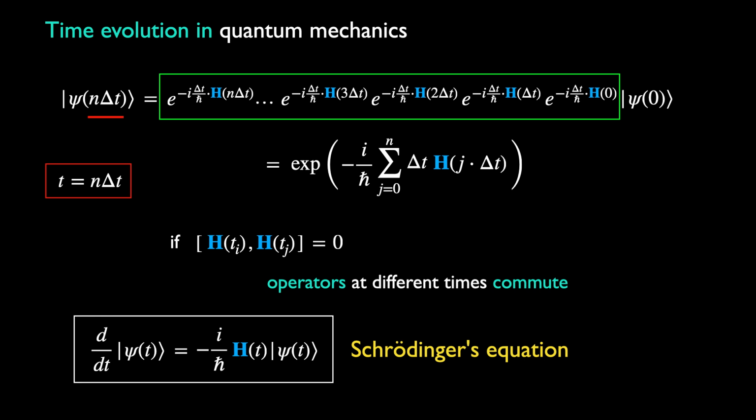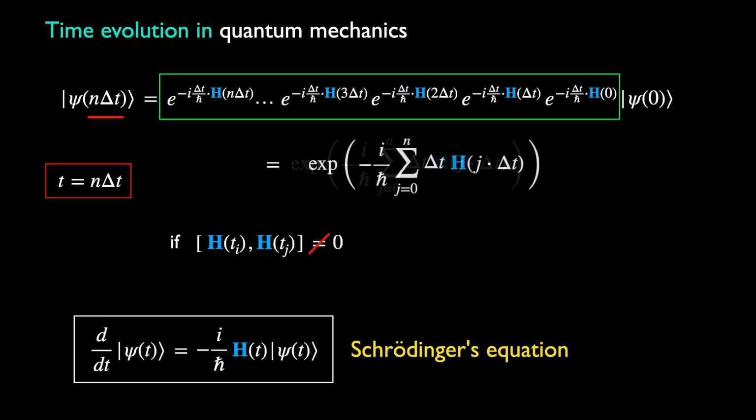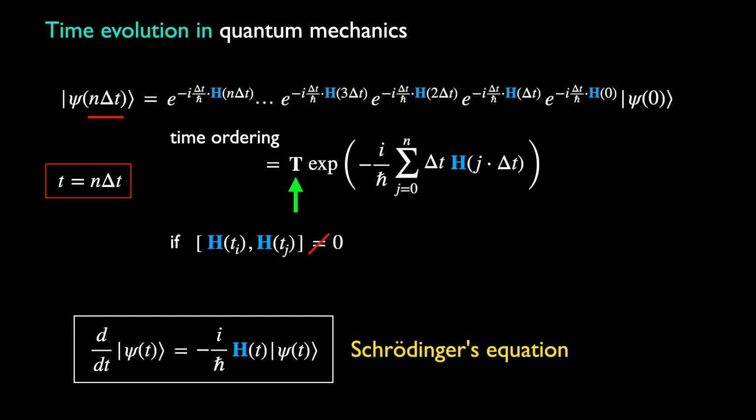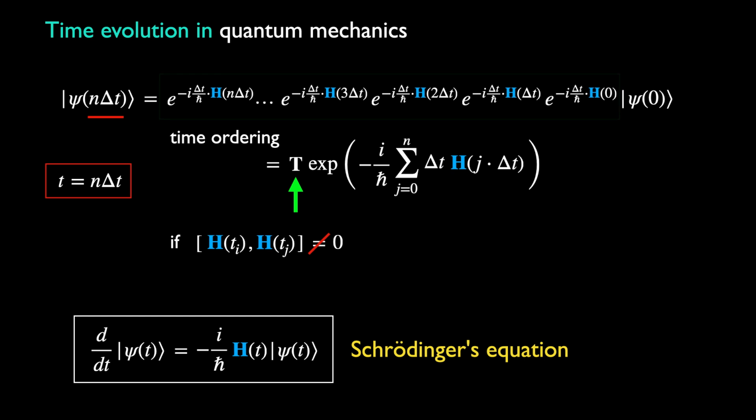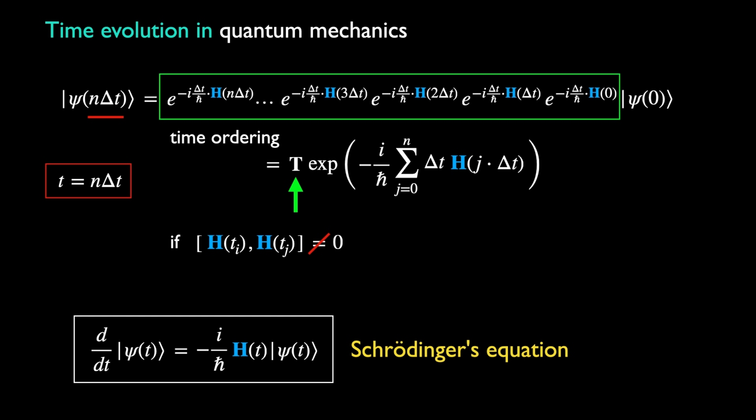But this is certainly not true for operators in general. So we have to modify this expression by a time ordering symbol, which is just a way of saying that this exponential must be understood in the sense of the green box, where operators at later times are arranged towards the left. We can recognize this sum in the exponent as an integral.